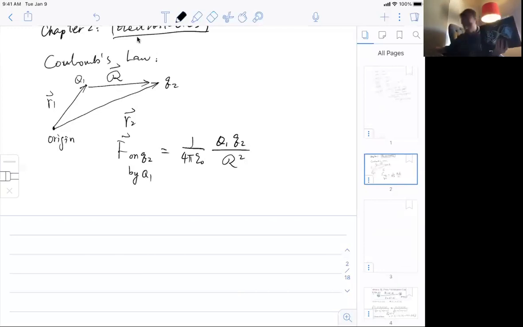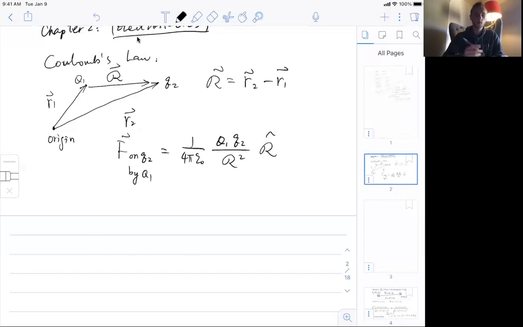And we know that the direction combined with the sign of the charges and the direction of the R hat gives you the direction of the force. That is something we discussed previously. Here script R is R2 minus R1, according to my drawing right here. It follows the head to tail method.